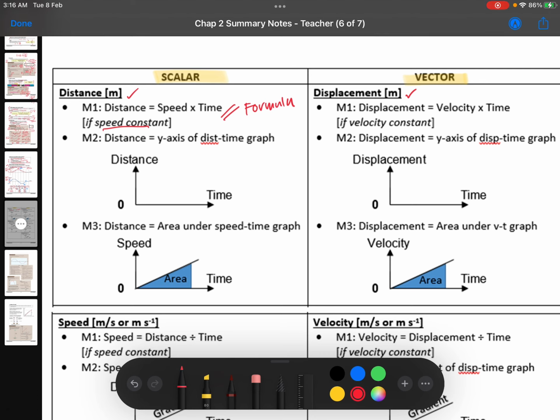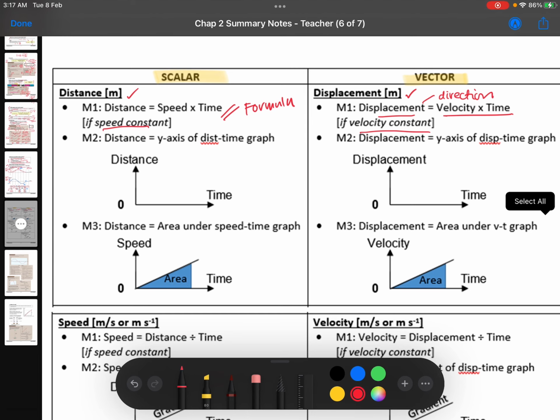Okay, similarly, displacement is velocity times time. So always remember, when they ask you for distance, then you have to give the distance. Then displacement, you can calculate velocity times time, and then you must specify the direction. Okay, likewise, velocity is constant.